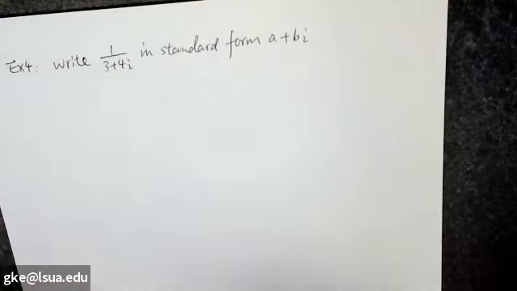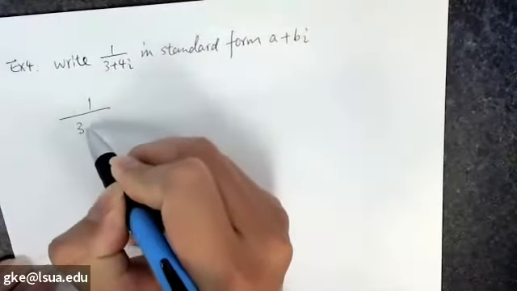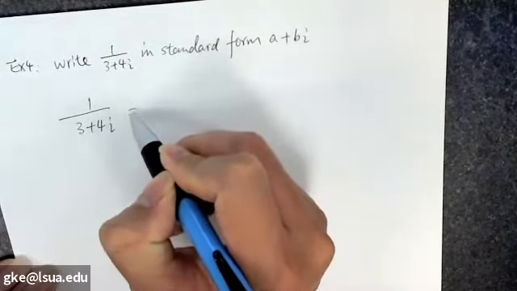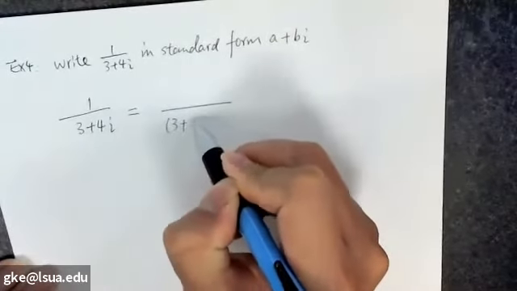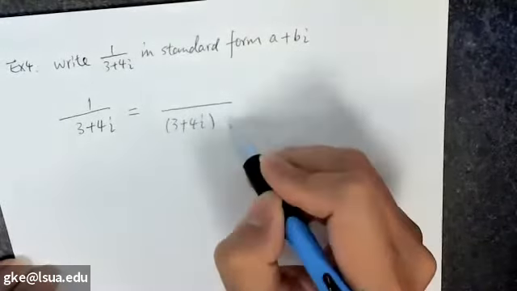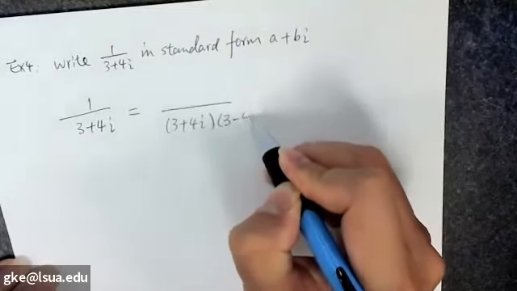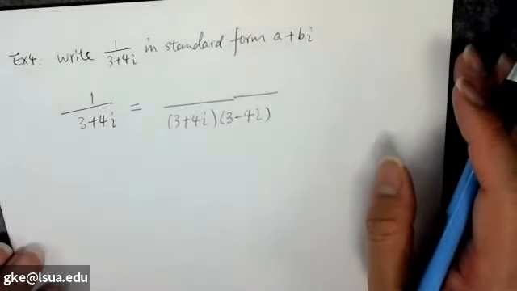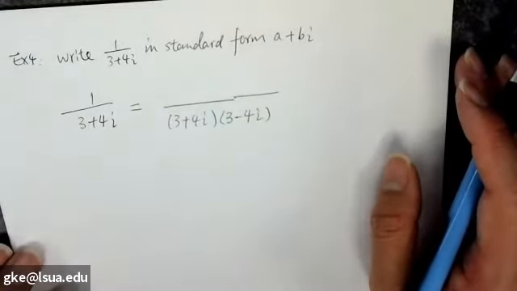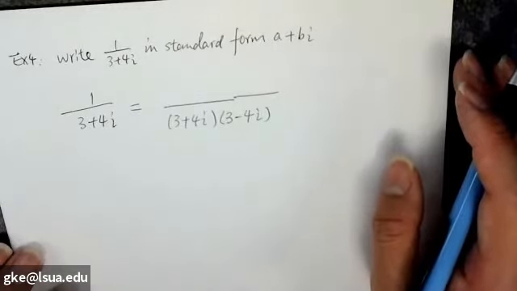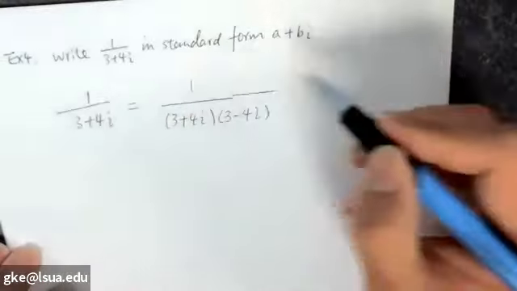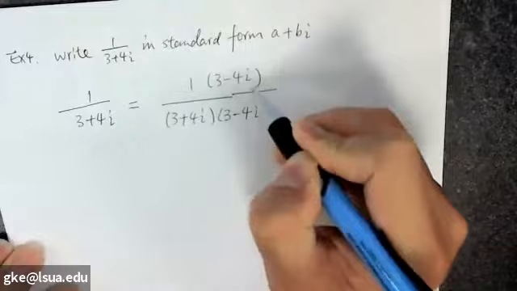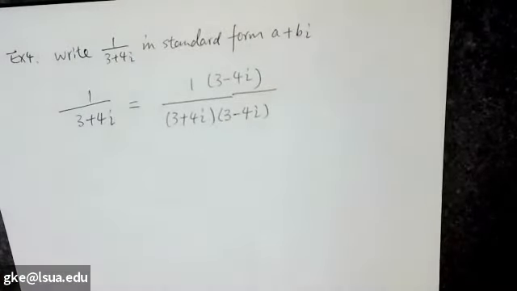Okay, so let's take a look. We have 1 over 3 plus 4i. We let the denominator times its conjugate. That will be 3 minus 4i. Okay, it means when you let the denominator times a complex number, the numerator should times the same number. Okay, that's the same strategy.